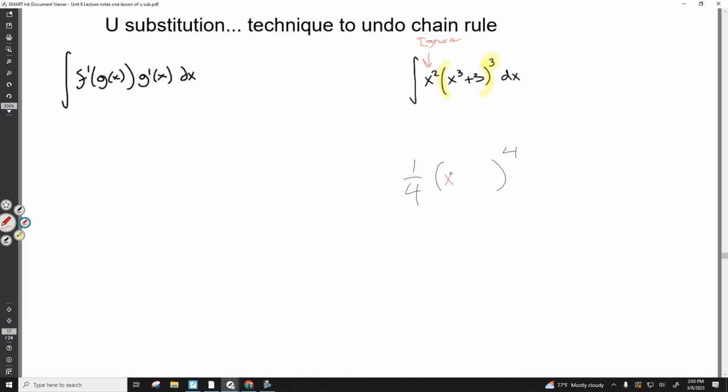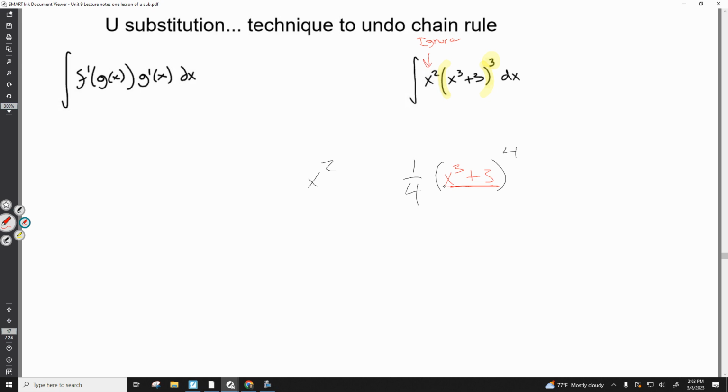x cubed plus 3 stays. Cool. The x squared, it's still there. It's just, keep it over there on the side. But what is the thing that we had to do on all the previous ones? We had to undo the derivative of the inside. What is the derivative of the inside?